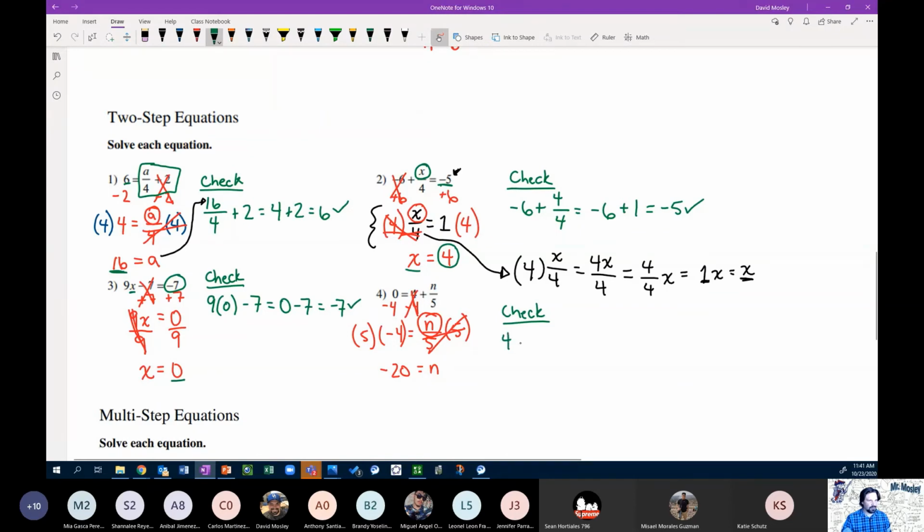So we have 4 plus negative 20 divided by 5. That will be negative 4. 4 plus negative 4, 0. And that is what we needed.